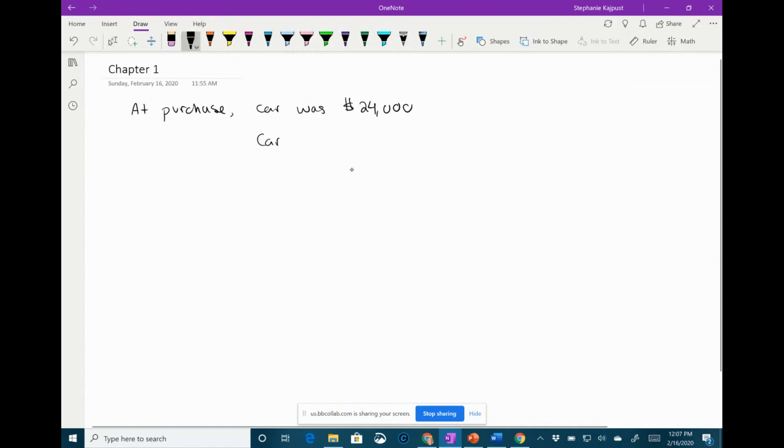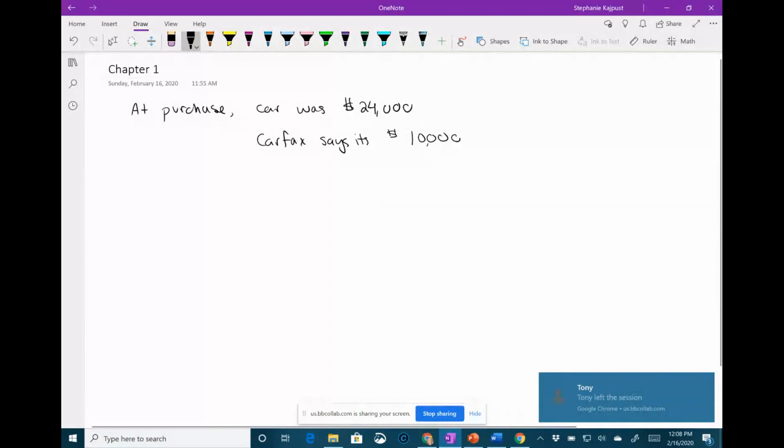So Carfax says it's, we'll just say $10,000. My car is 2016, so I bought it in 2016. So 2016 is 17, 18, right? We'll say so at about 3 years. We'll just round 3 down. After 3 years, the Carfax says that it's $10,000.